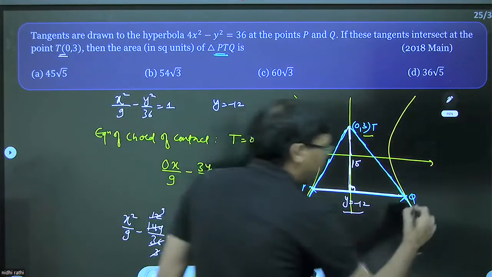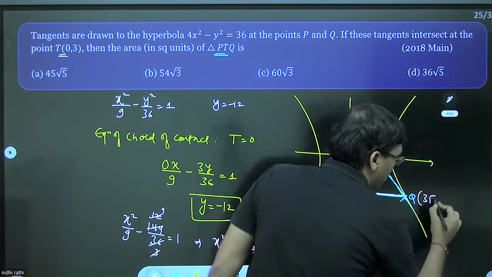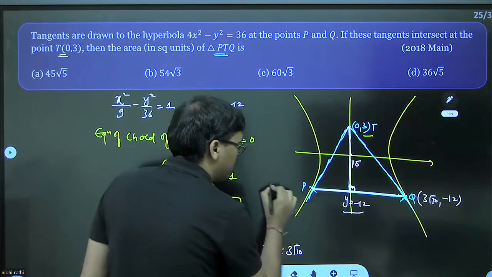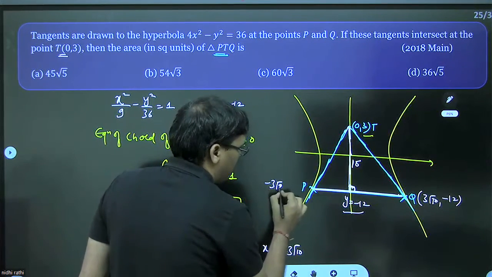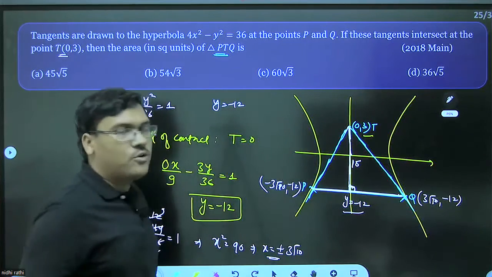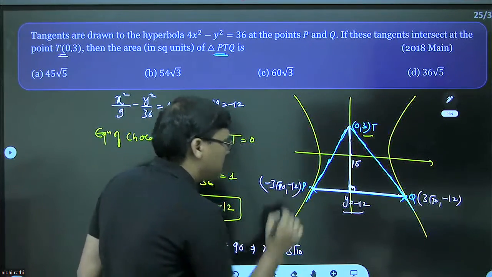That means this point is (3 root 10, minus 12) and this is (minus 3 root 10, minus 12). I hope this is clear.